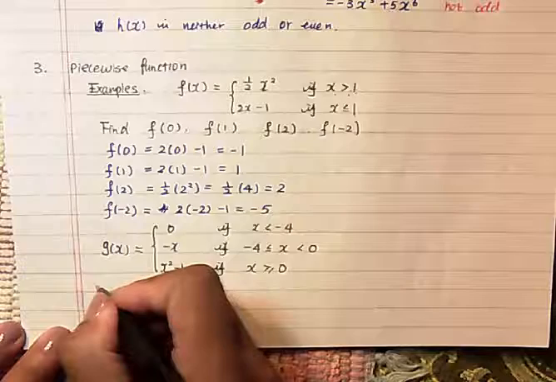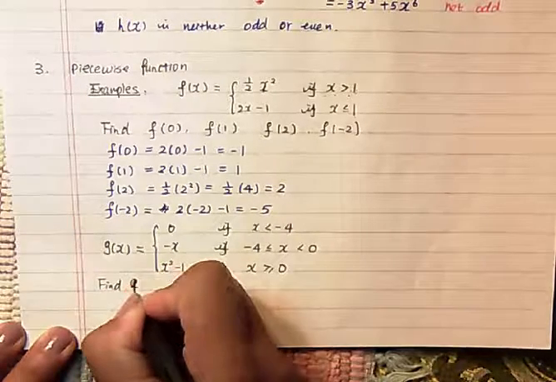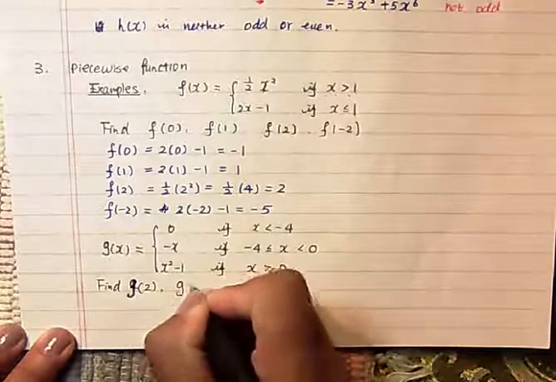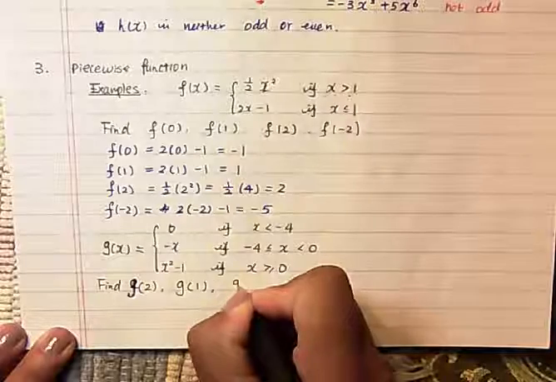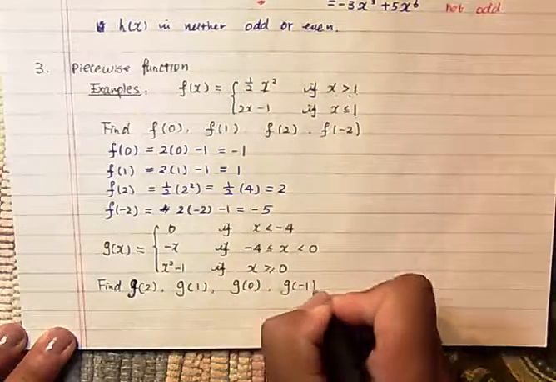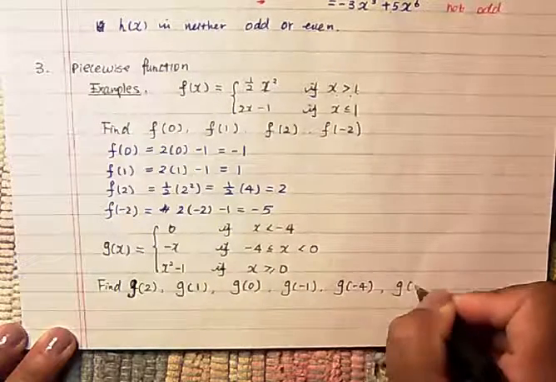We are going to find g of 2, g of 1, g of 0, g of negative 1, g of negative 4, g of negative 10.